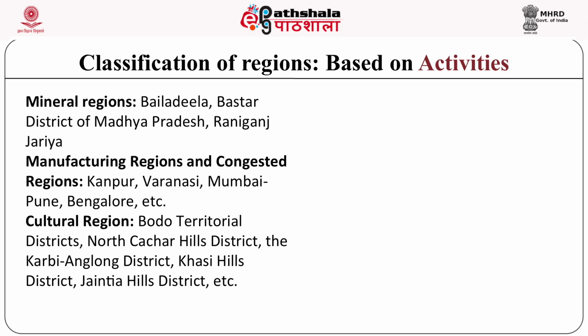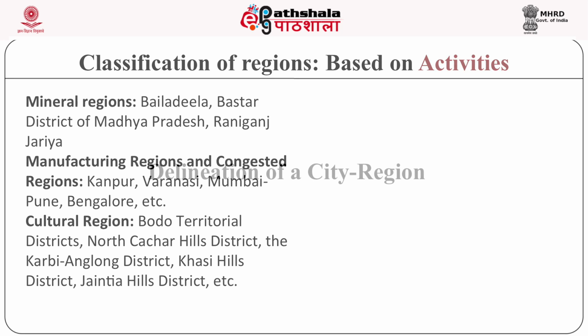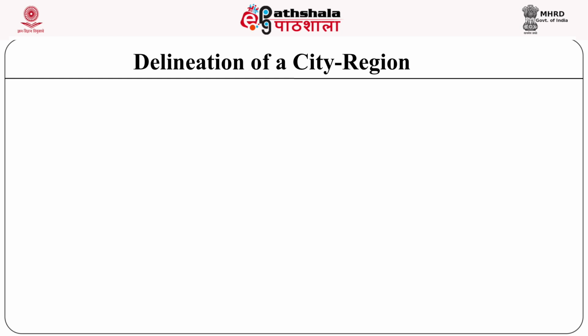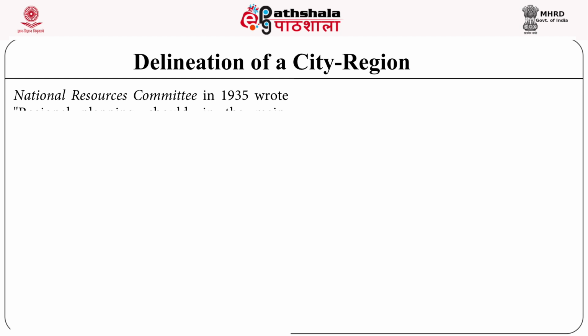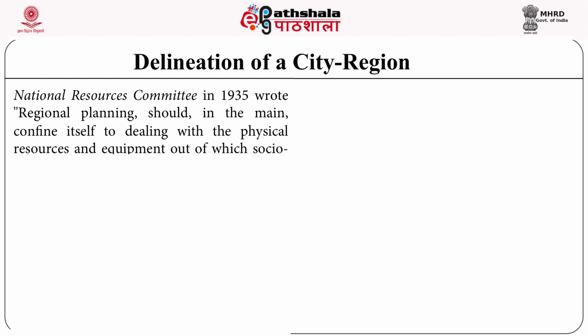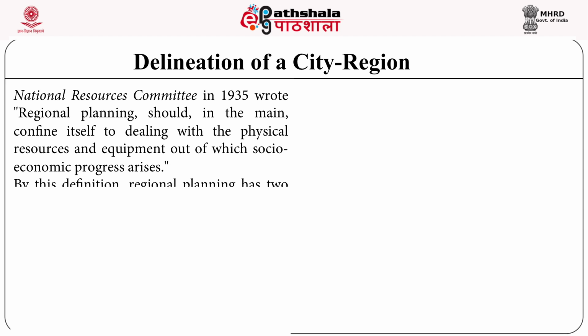Our next part, the learning objective of this module, is the delineation of a city region. How do we delineate this region? Though we know that a district can be enumerated, a region is not necessarily restricted to an administrative boundary. It also depends upon natural features, connectivity, river channels, the railway line.